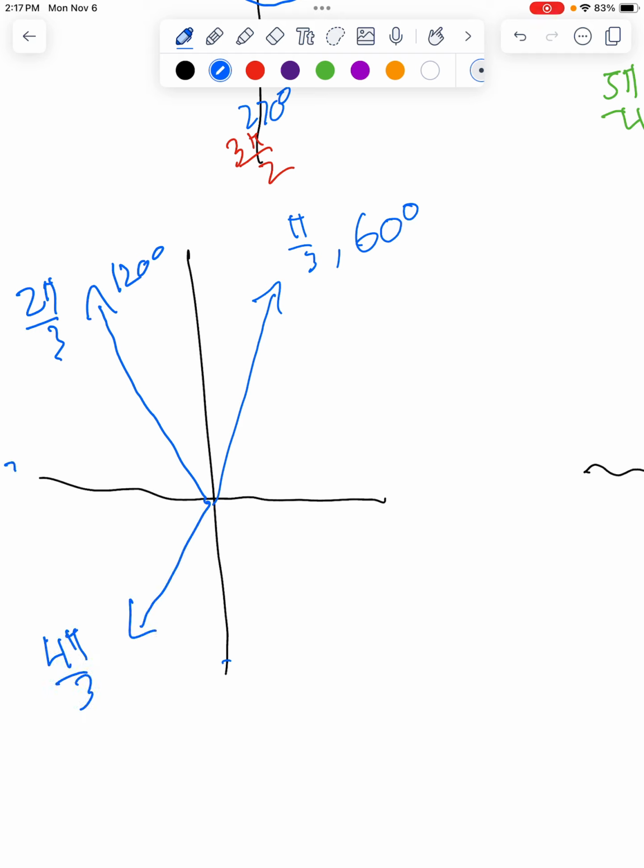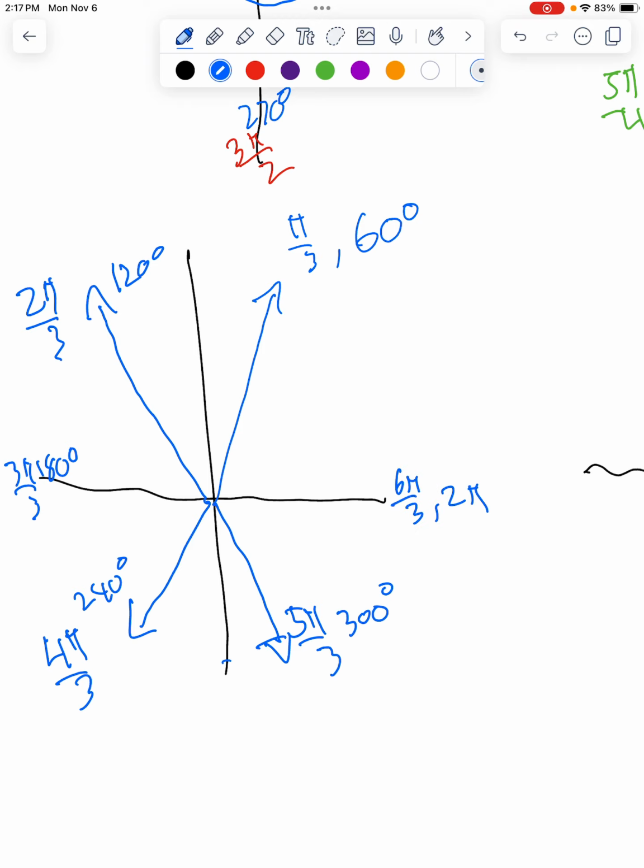Again, this one is 3 pi over 3, we simplify. 4 pi over 3. And then my final one right here is 5 pi over 3. Let's add in our degrees. Again, 180. 4 pi over 3 is 240 degrees, and 5 pi over 3 is 300 degrees. 6 pi over 3 would give us 2 pi. We're back to where we started.